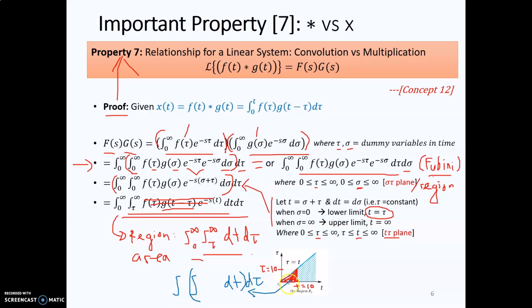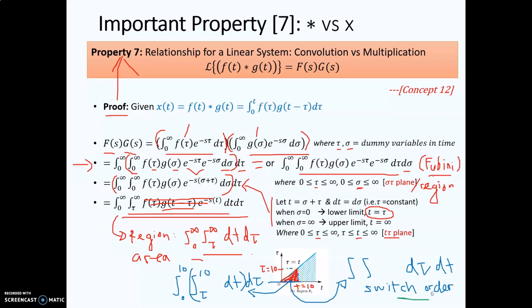So the tau is from tau equal to 0 to tau equal to 10. So 0 to 10. Your dt is in this direction where you have this function here, t equal to tau, and then stop at t equal to 10.